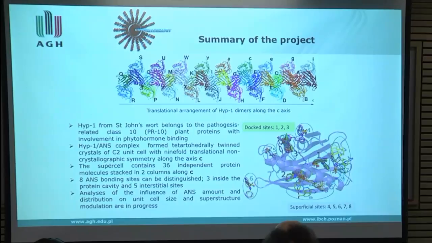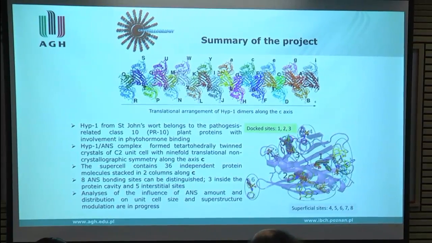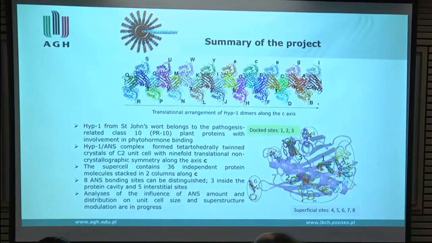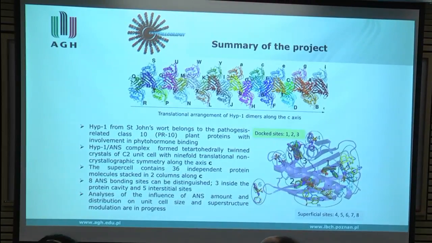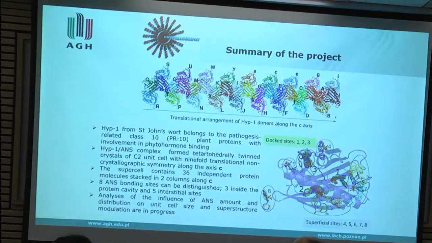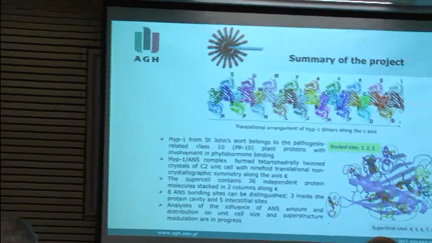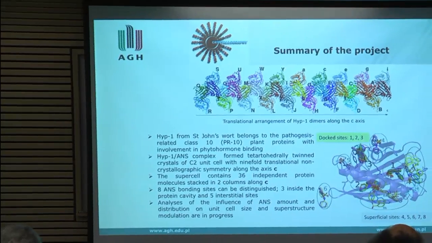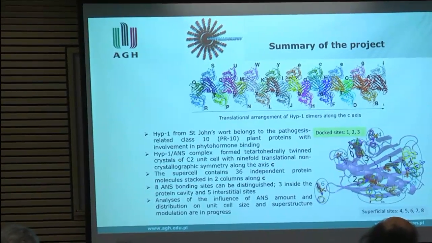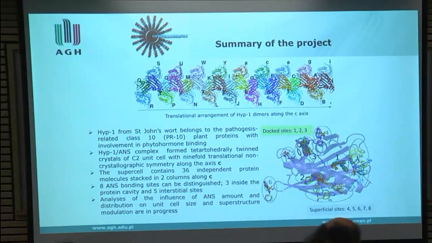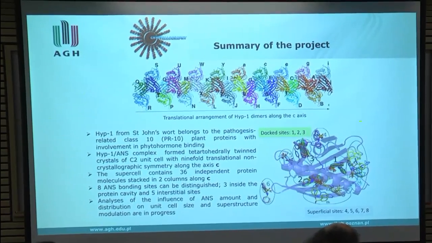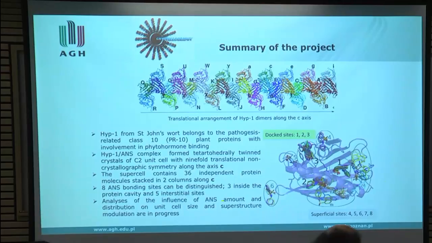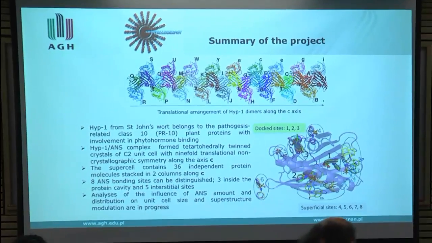Our earlier studies showed that Hyp-1 protein can co-crystallize with ANS, a highly fluorescent dye, and produced crystals with tetrahedral twinning of C2 unit cell with an apparent 9-fold translational non-crystallographic symmetry along the main C-axis and containing 36 unique protein molecules in the expanded supercell.